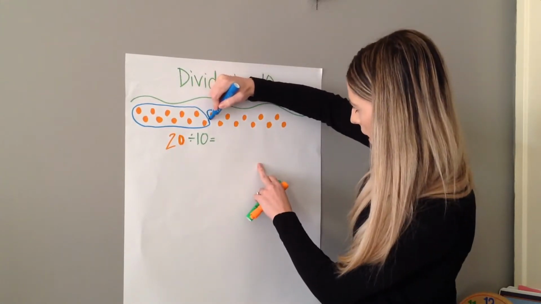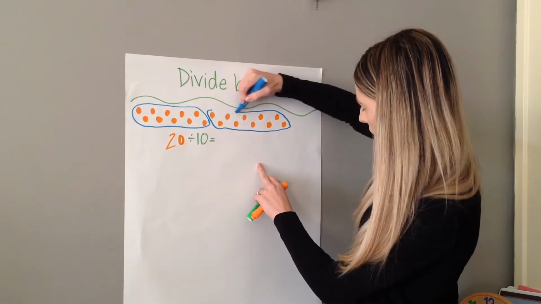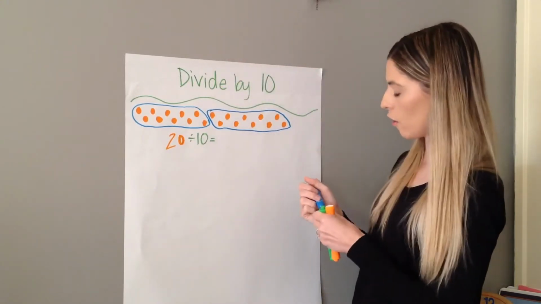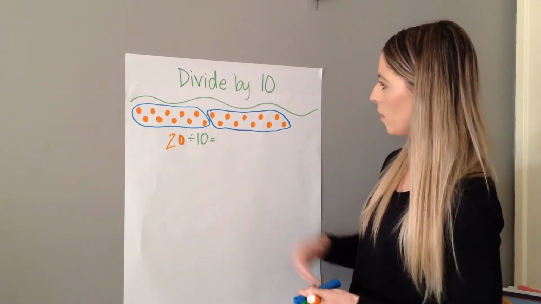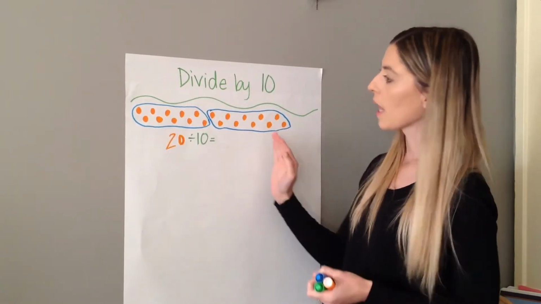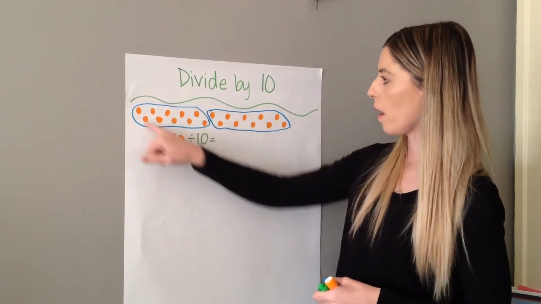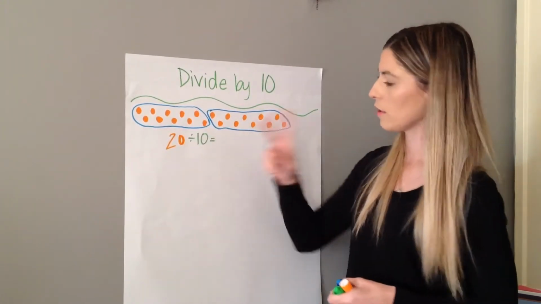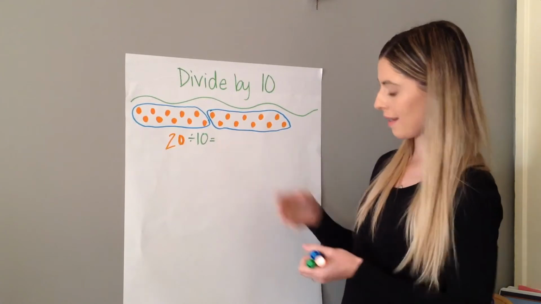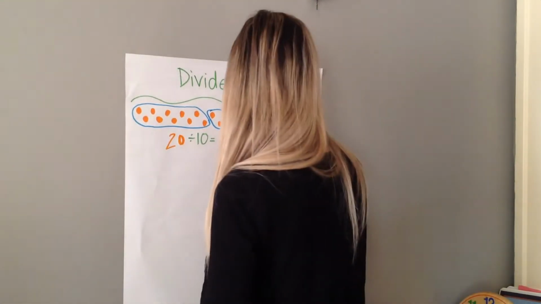So this set is 10. I don't have any left over, so all I need to know is how many groups did I make? I had 20 dots total. I wanted groups of 10 specifically. And so I have one circle here and one circle here. That is 2 groups. So my answer to 20 divided by 10 equals 2.